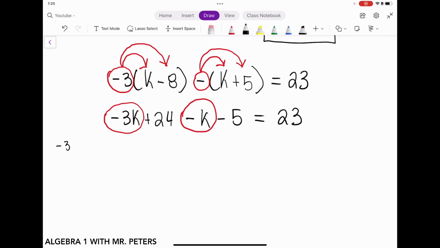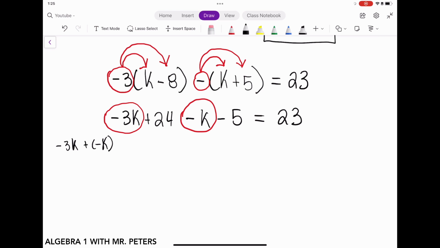If you remember from our adding and subtracting real numbers, if the signs are the same, you just add them and keep the sign. Negative 3 plus negative 1 is going to give us negative 4k.